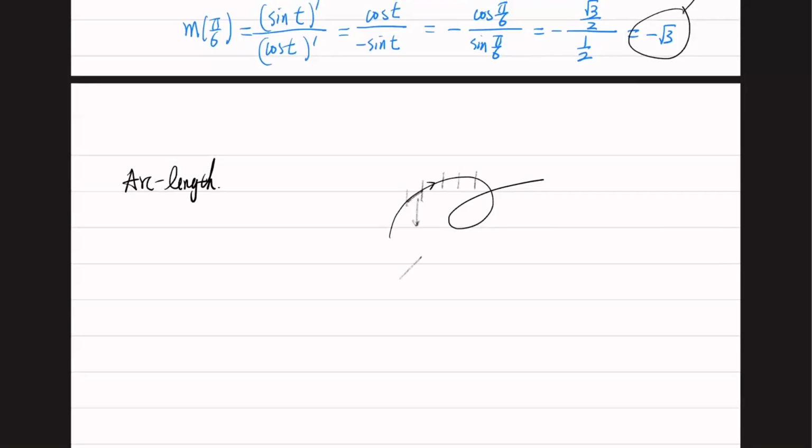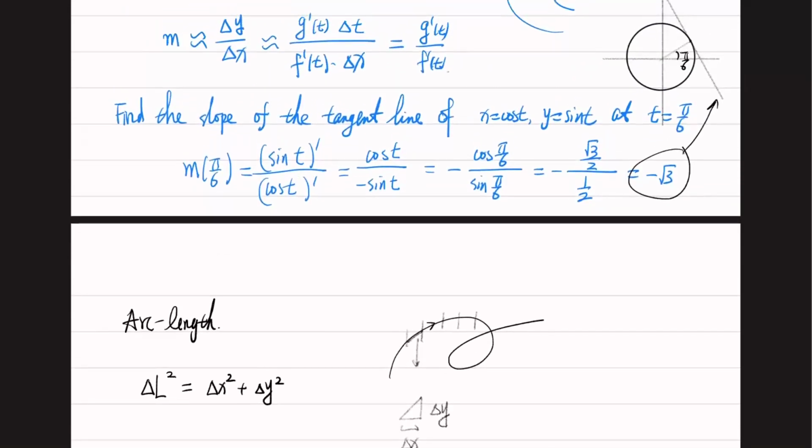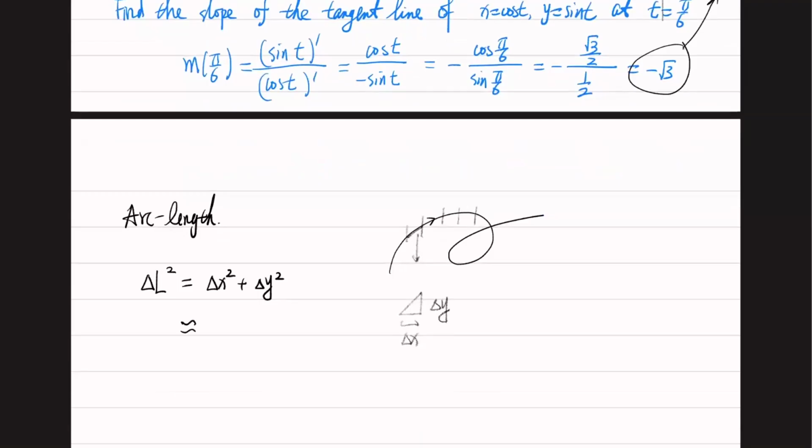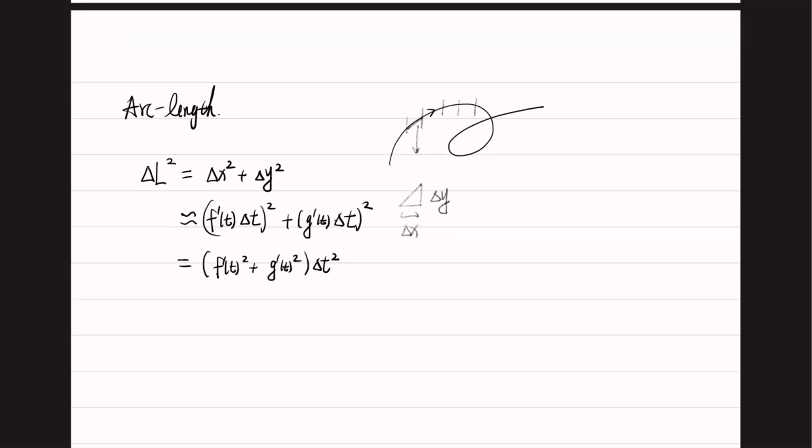It's approximately, in our case, the increment of x is this, the increment of y is this. If we take a square root, we have a formula.